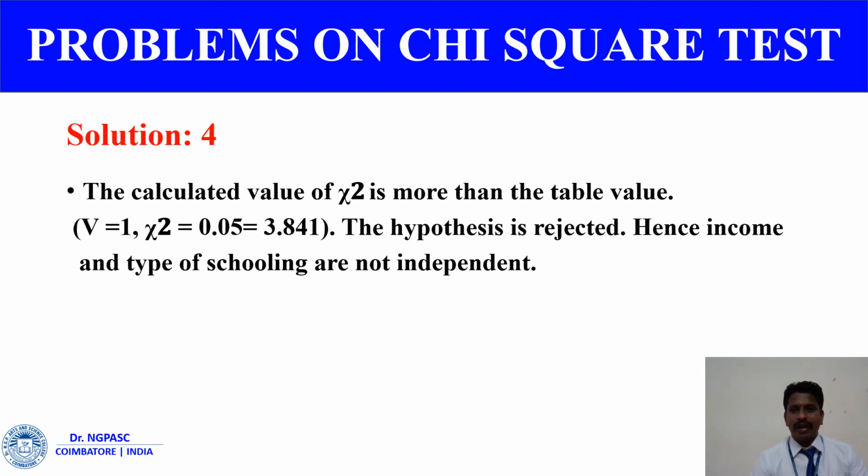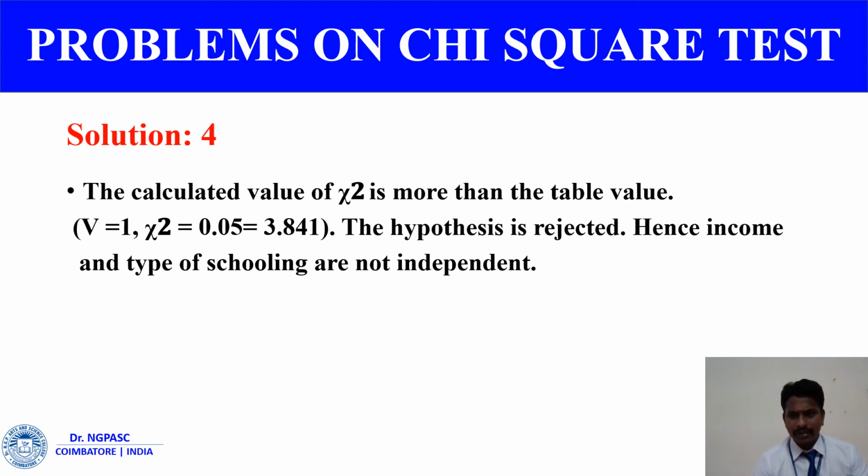The calculated value of chi-square is more than the table value. The number of degrees of freedom V equal to 1. In a 2 by 2 contingency table, the degrees of freedom equal to row minus 1 into column minus 1, 2 minus 1 into 2 minus 1, multiplication of 1 into 1 equal to 1. That is V equal to 1.